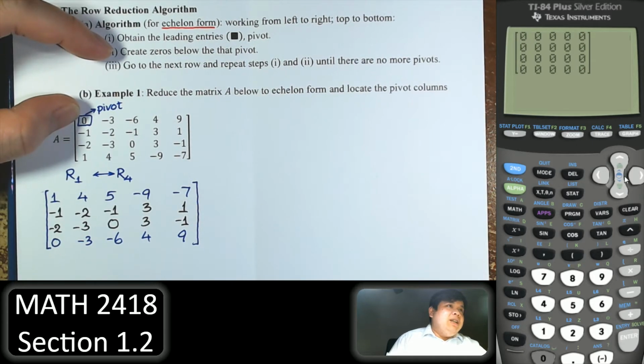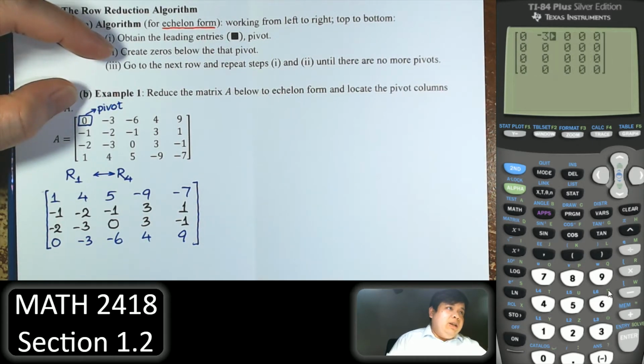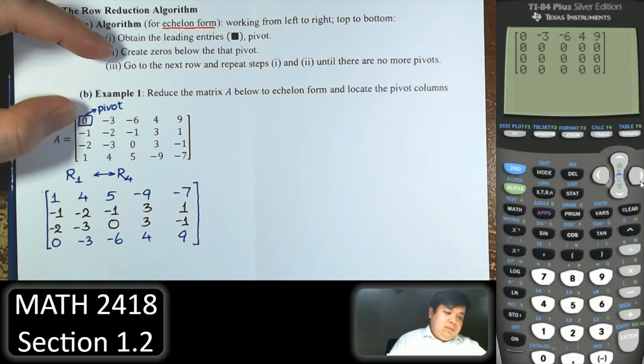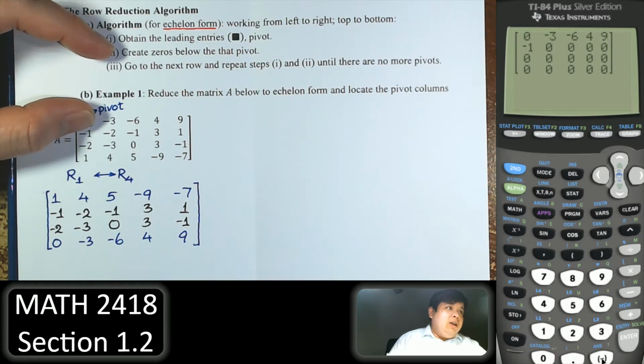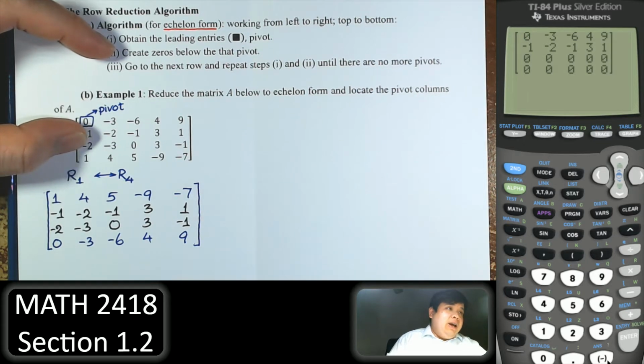Right, once again, 0, -3, -6, 4, and 9, -1, -2, -1, 3 and 1, and then -2, -3, 0, 3, and -1, and then 1, 4, 5, -9, and -7.